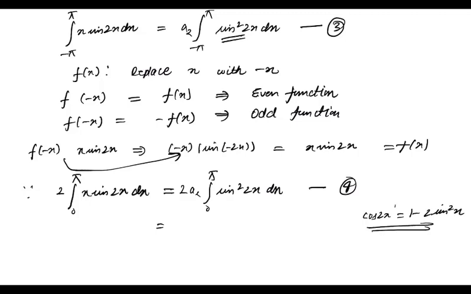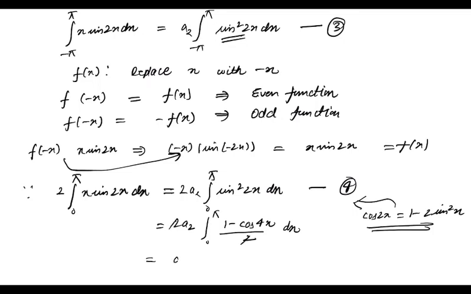So you will get, from 0 to pi, sine square 2x written as 1 minus cos 4x by 2. This 2 will cancel out.